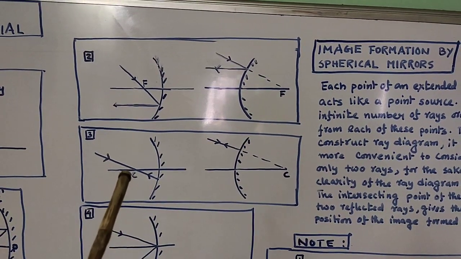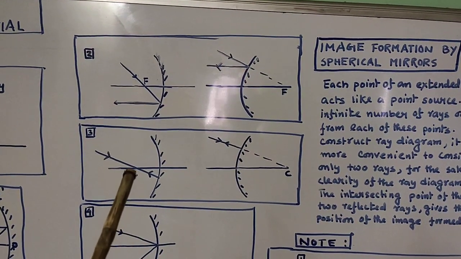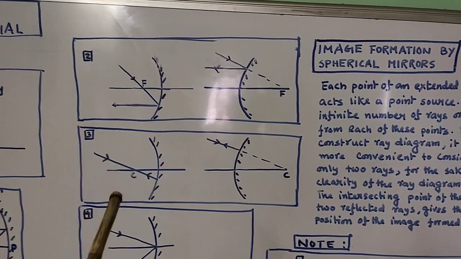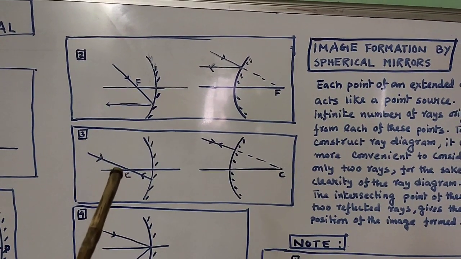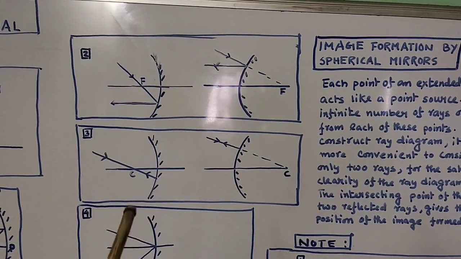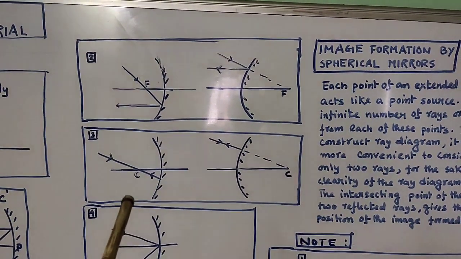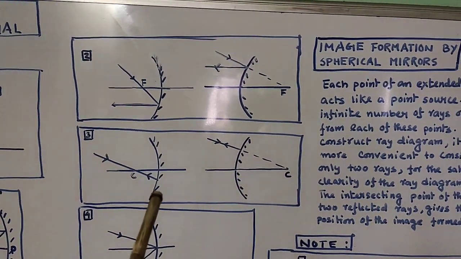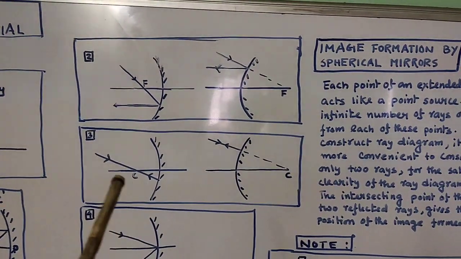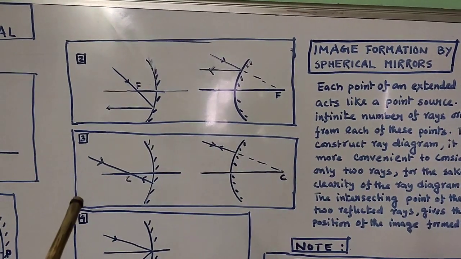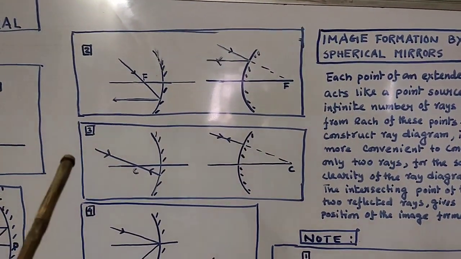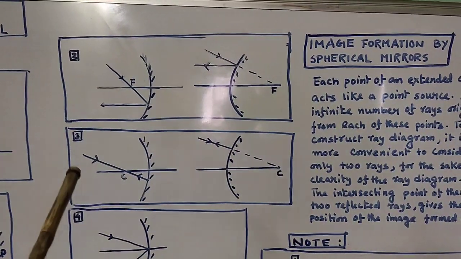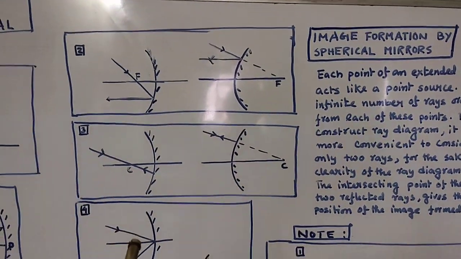You can consider the circumference to the center, that is the radius of the curved surface. Now radius and circumference are perpendicular to each other. So if a ray falls normally on the reflecting surface, then it retreats back along the same path. So that's why if a ray passes through the center of curvature, then after reflection it moves back along the same path but in the opposite direction.